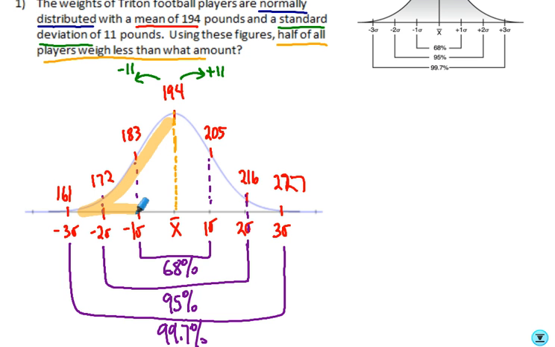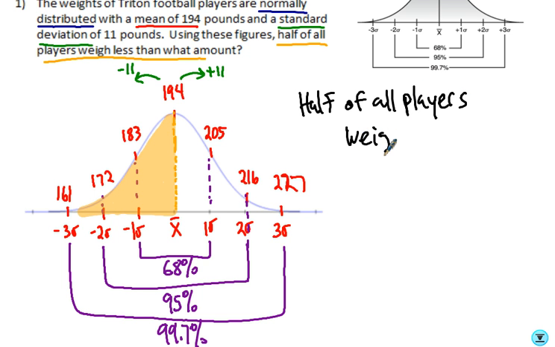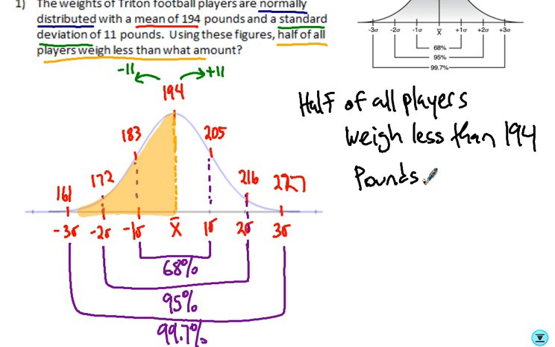Half of all players weigh less than 194 pounds. Units on there. Right, so half of all players weigh less than 194 pounds. All right, so pause here and let's try number 1 on the right side.